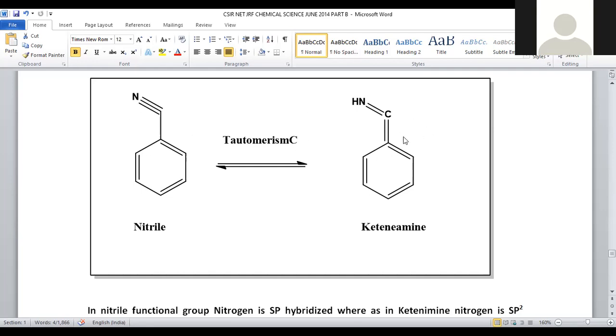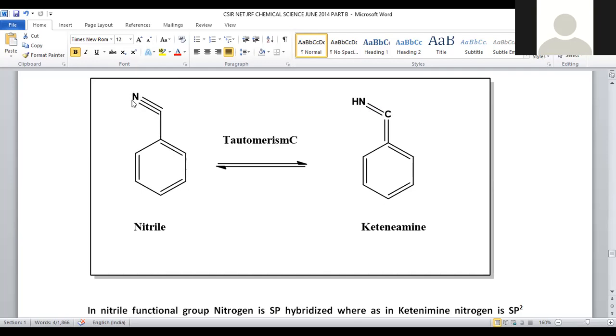Then which is more basic among these two? When you observe compound number 1, nitrogen is bonded with a triple bond. In the second one, nitrogen is bonded with a double bond. Triple bonded nitrogen is called sp hybridized. Double bonded nitrogen is called sp2 hybridized. Greater the s contribution, greater will be the electronegativity, and lesser will be the donation of electrons.